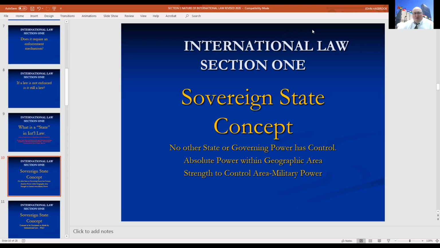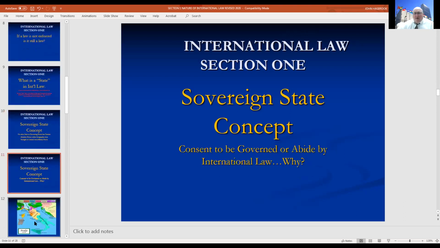Now, when it comes to international law, one of the fundamental concepts is the idea that, unlike domestic law, where there is power of the government over the people through legislature, police, and the court system, in international law the sovereign has absolute power within their domain. And so when you have sovereigns agreeing with each other, in essence, they're limiting their power.